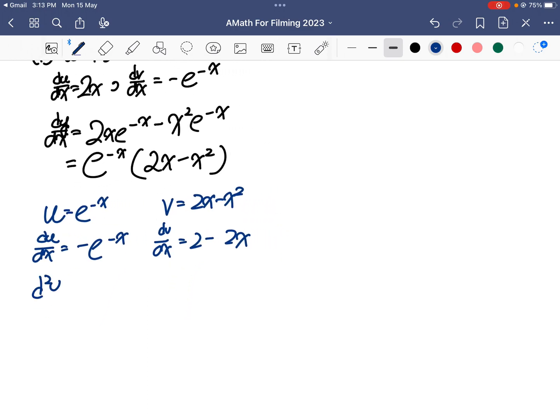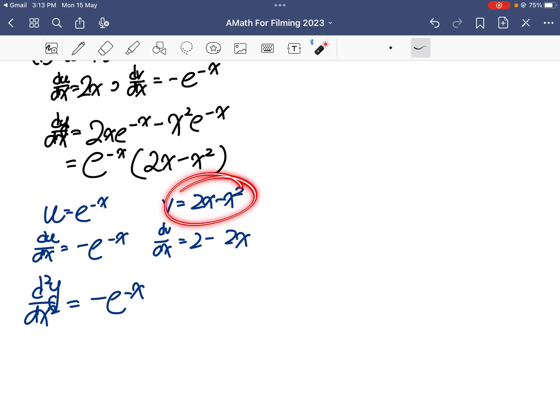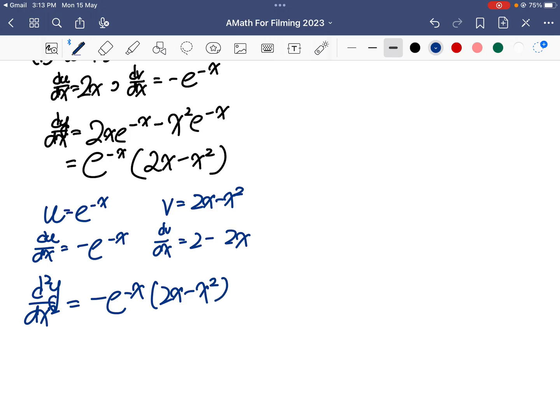Hence, to get my second differential, what I'll have here is v times du/dx, so I get 2x minus x squared, plus u times dv/dx, 2 minus 2x.